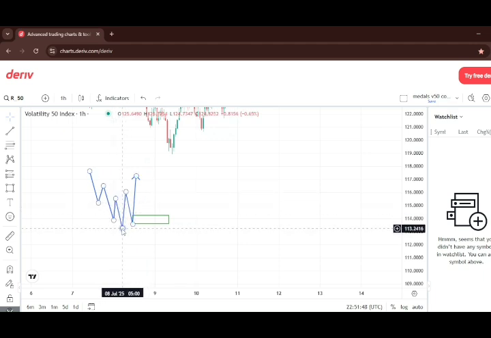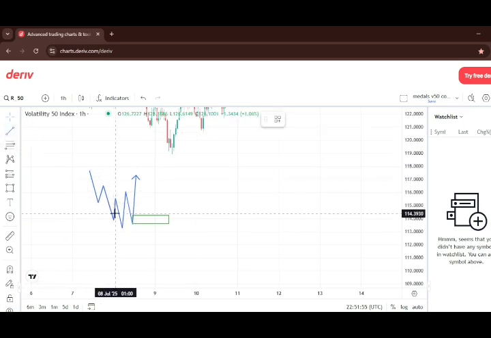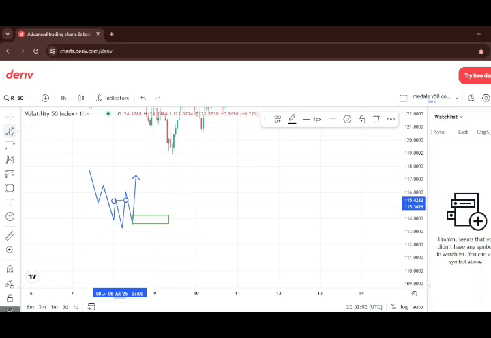Then this move now breaks this level here, breaks the structure here. I'm looking at two levels of break of structure. One of the structures is broken there. Then after this one is broken, another structure again should be broken. And this move that is going to break this second structure should not take out the last move here.